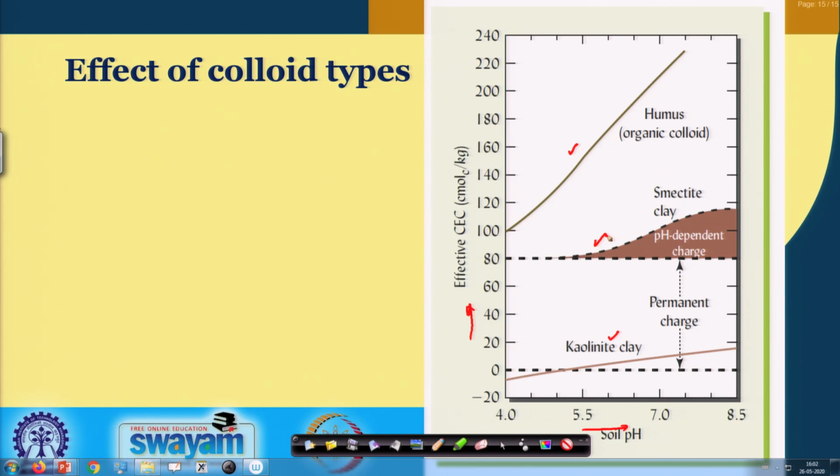Now, in the case of smectite, the cation exchange capacity is almost constant up to pH 5.5 to 6, because the negative charge which is responsible for cation exchange capacity in smectite type of clay mineral is basically generated from isomorphic substitution, and isomorphic substitution does not depend on soil pH.